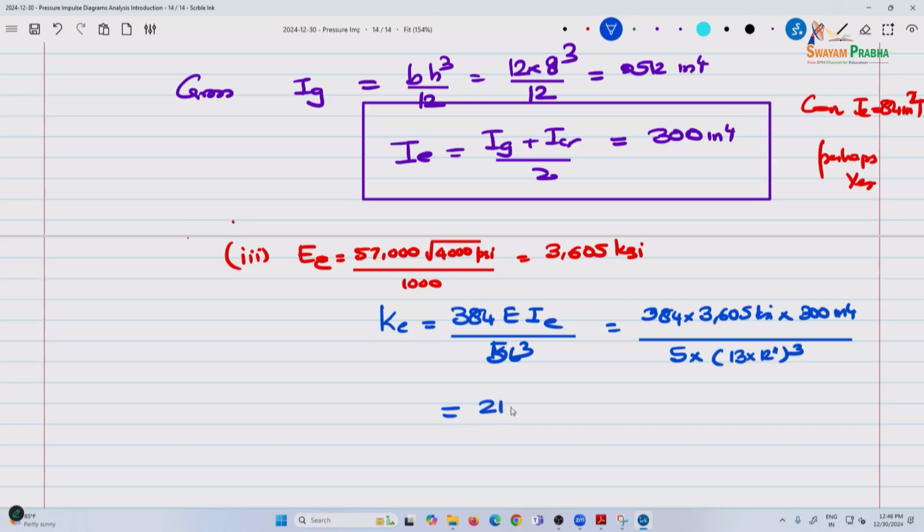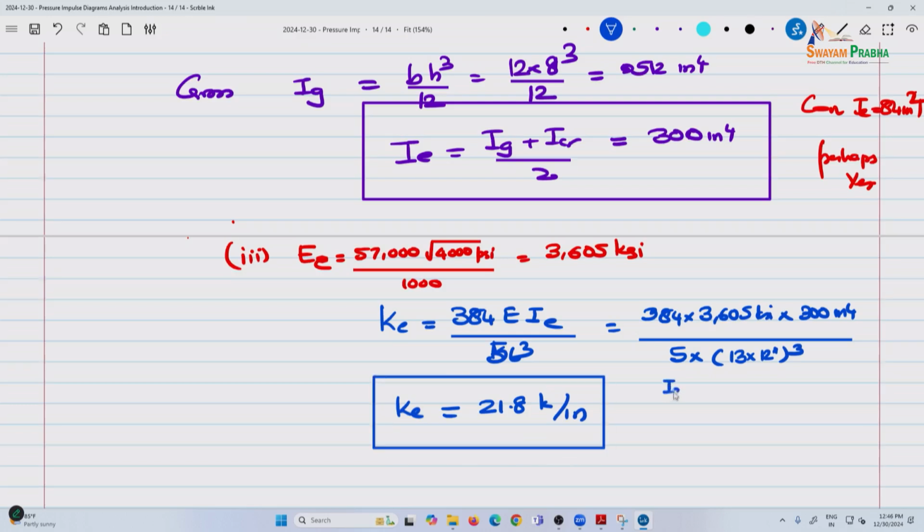So you'd see that in non-lin, if IE is equal to 84 inches per 4, it reduces your KE to 21.8 multiplied by 84 by 300. How much is this? Roughly a fourth, right? About 6, no, 1/4, 5 something, right? 6.1. So big difference.